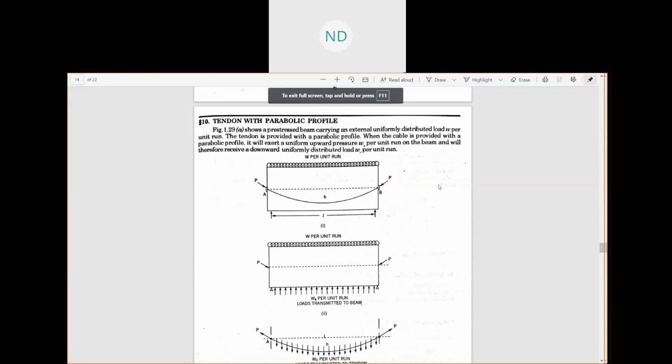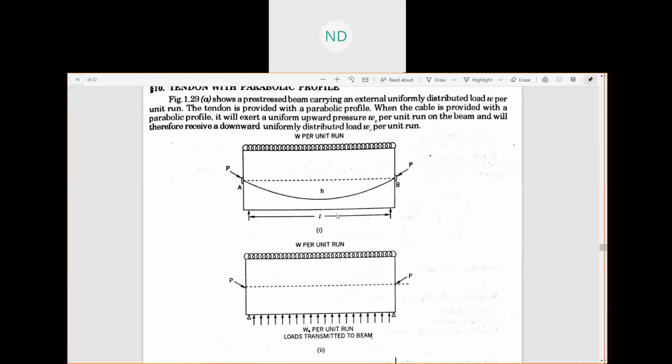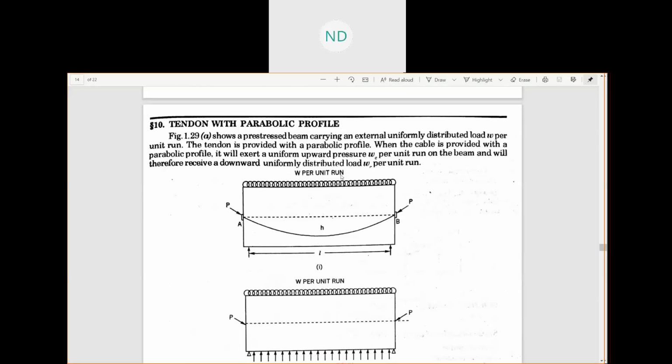So today we'll be talking about the tendons with parabolic profile. So you can see here, if I show you this figure here, wait, let me remove this. Okay. So you can see here in this figure, what is there?